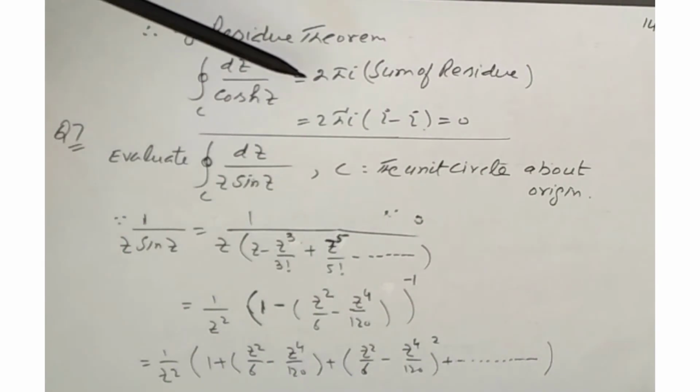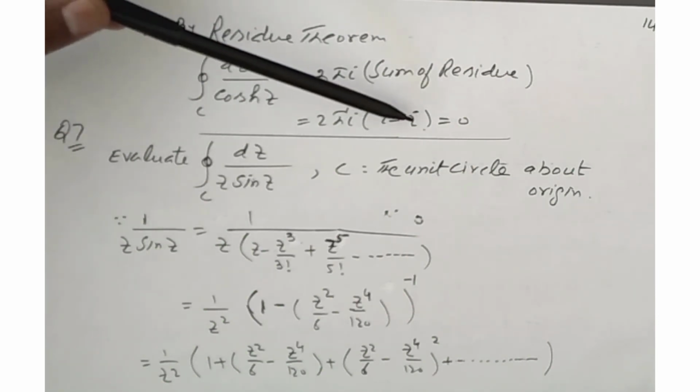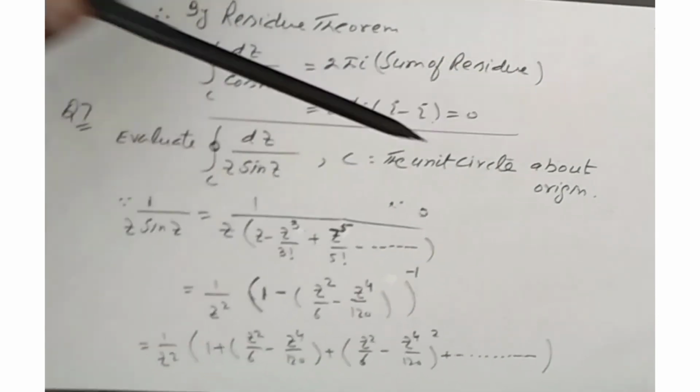Again by using the residue theorem, 2 pi iota times the sum of residues, the residues were iota and minus iota, so they cancel and the result is 0.